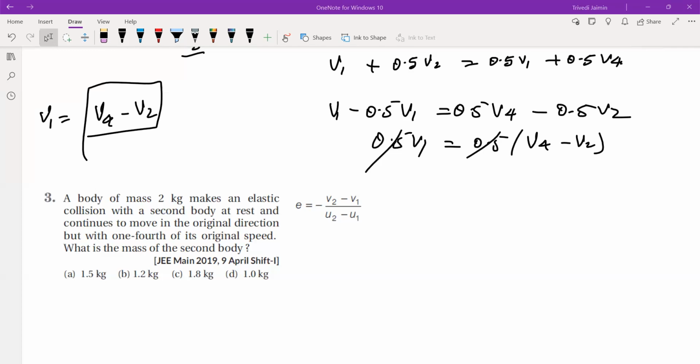So let v2 and v1 be one-fourth of v. v2 is like v something, divided by u1. u1 is the initial one, moving with velocity. Oh yeah, so restitution E equals 1 only.